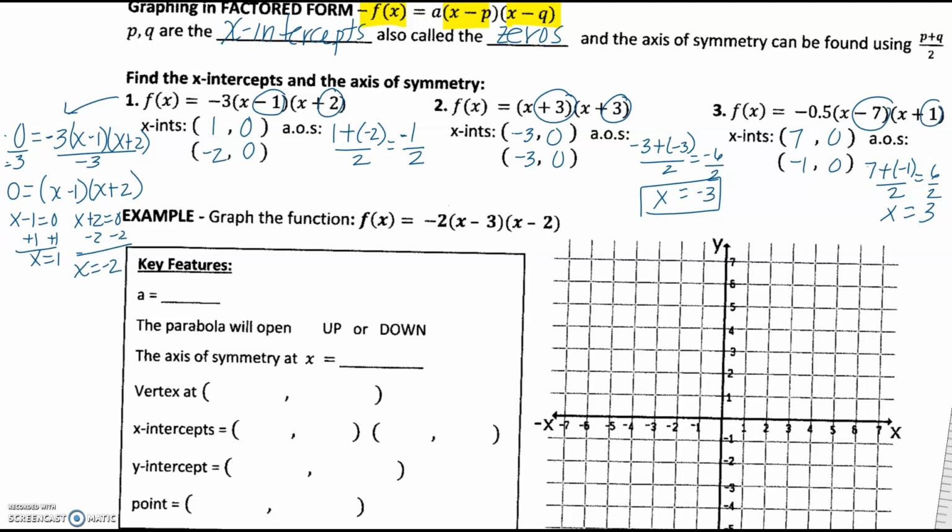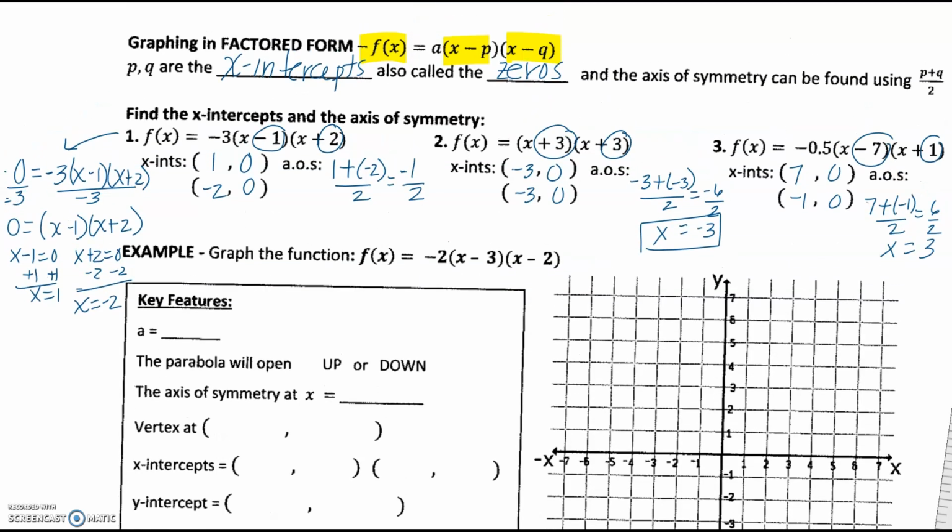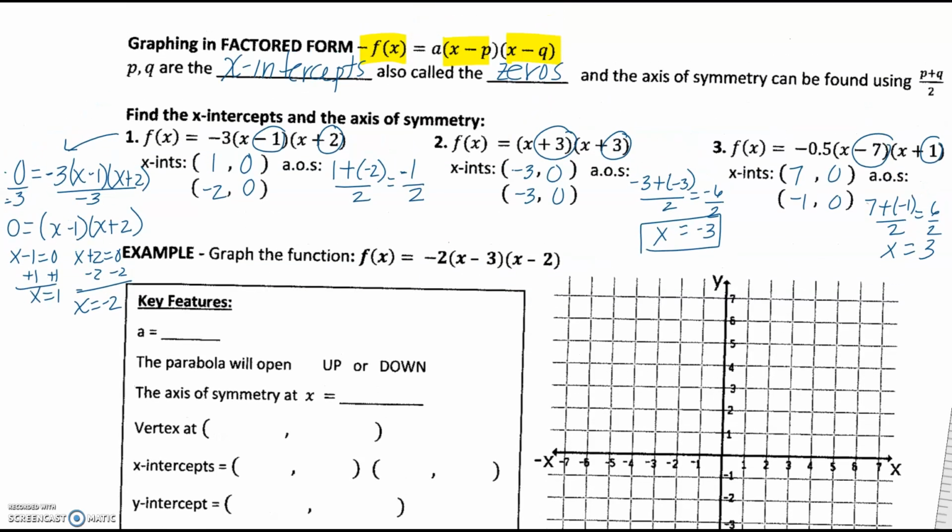Okay, so let's go ahead and look at how we want to actually graph one of these. I'm changing this function again like I did last time, and I'm making this f of x equals x plus 5 times x minus 1. So I'm looking to see what is my a.